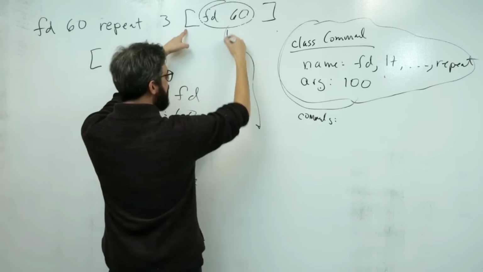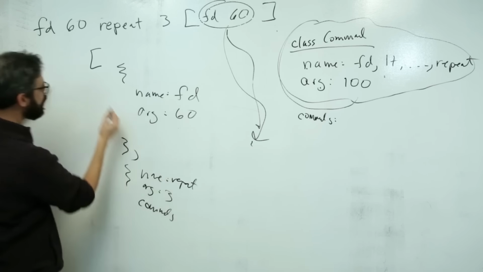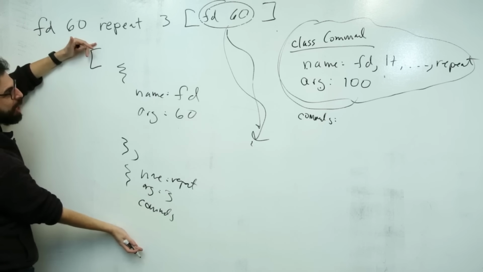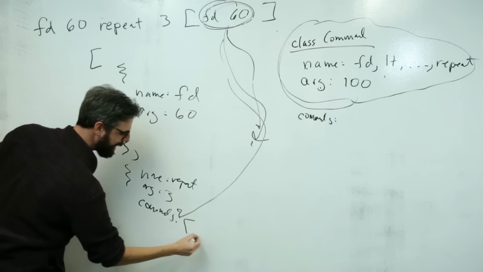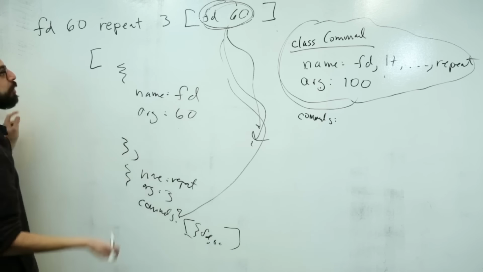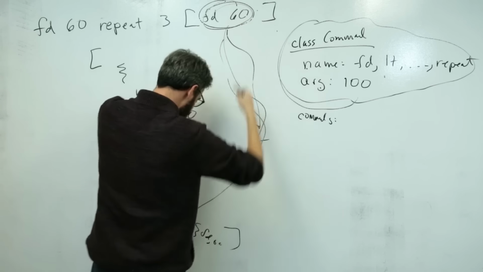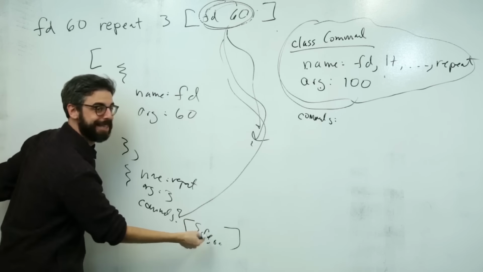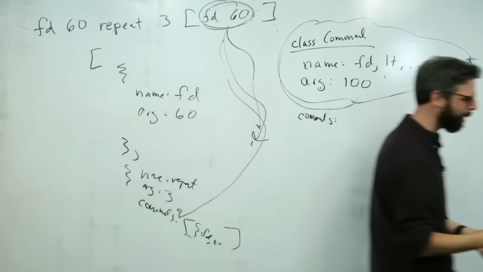It then goes and makes a parser for this. And the same way that this is a big array, the parser now works on this to put it in an array here with objects like forward, 60, etc. So in theory, this could even have another repeat inside, and that repeat would be in this array with its own subcommands. Hopefully that helps a little bit more.